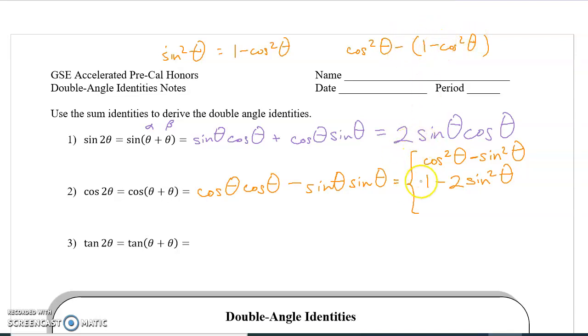Subtracting a negative is adding, so it's cosine squared of theta plus cosine squared of theta, or 2 cosine squared of theta minus 1. So we like to use all 3 of these. They're useful in different scenarios, so you're going to want to be familiar with all of those.